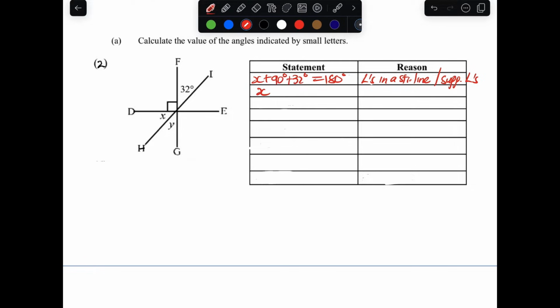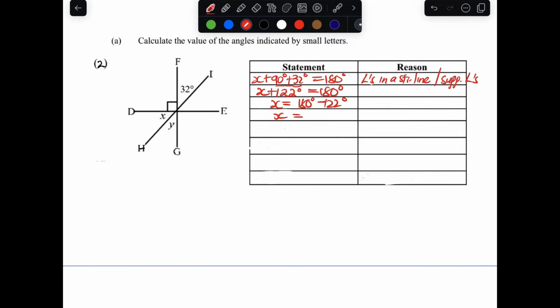So when you add these two, 90 plus 32 is 122, and 122 plus x is equal to 180, and then x is going to be 180 degrees minus 122 degrees. So we'll transpose that.